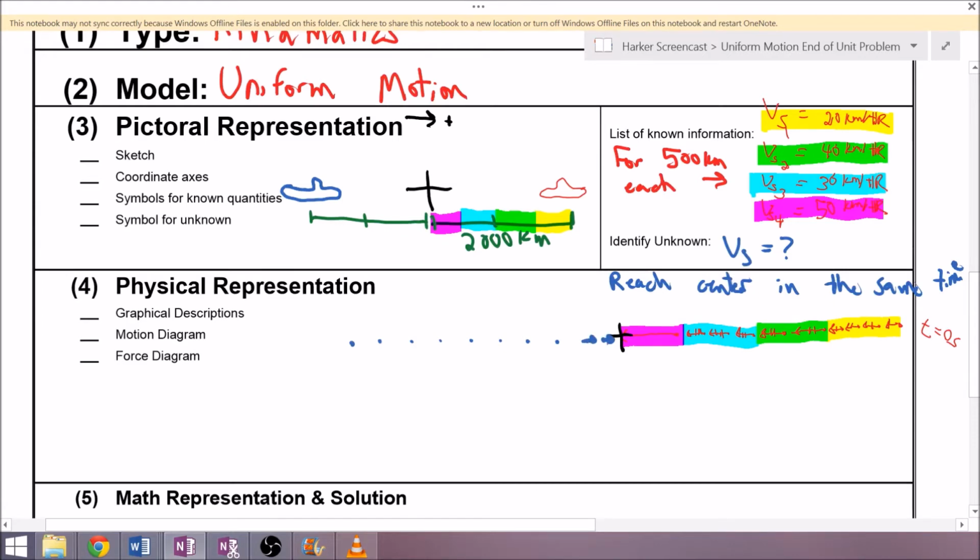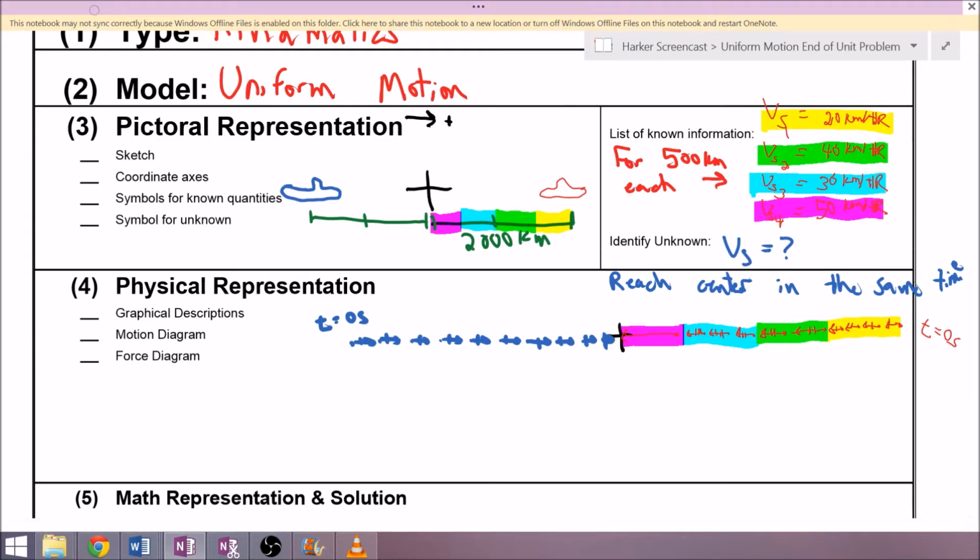And this one travels the same speed the whole time, so these arrows should be the same. And this was the starting point.